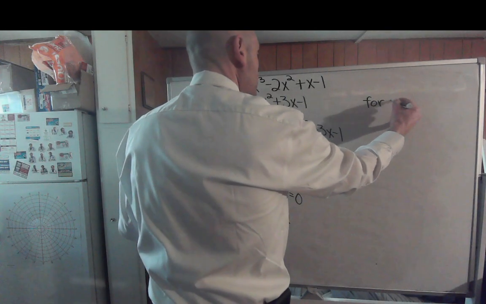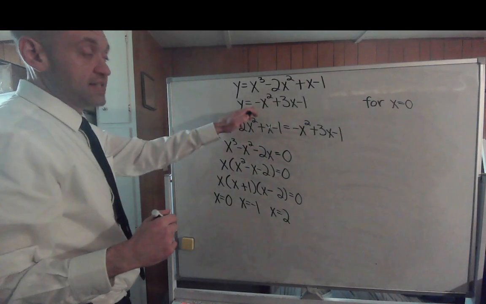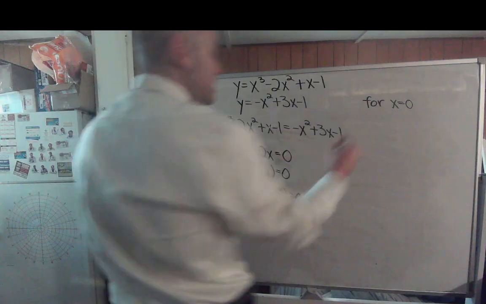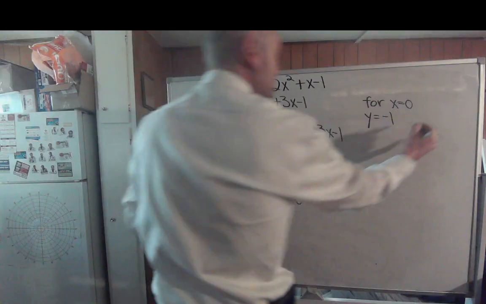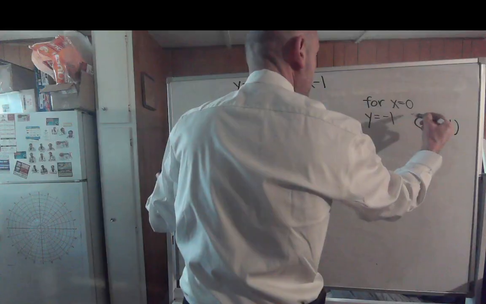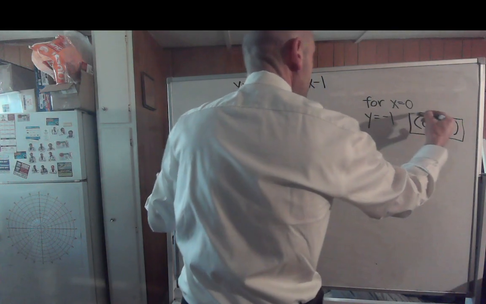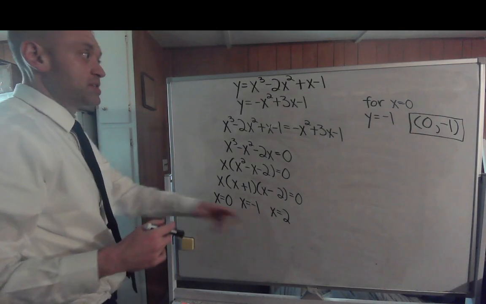So for x equals 0, now just pick one of your equations. I like the second equation better. You should literally get y equals negative 1. So the first ordered pair would be (0, negative 1). These do intersect at (0, negative 1). Now what about when x equals negative 1?